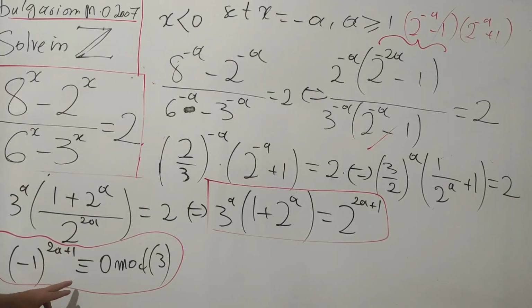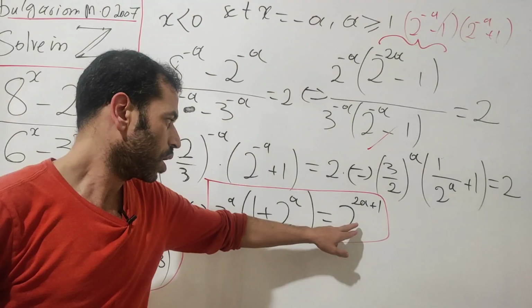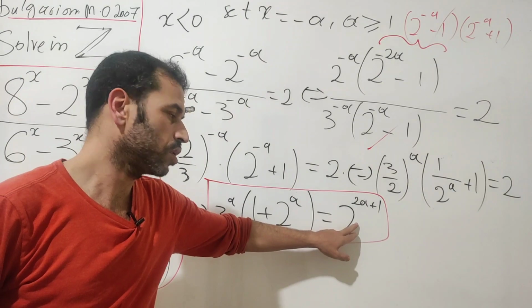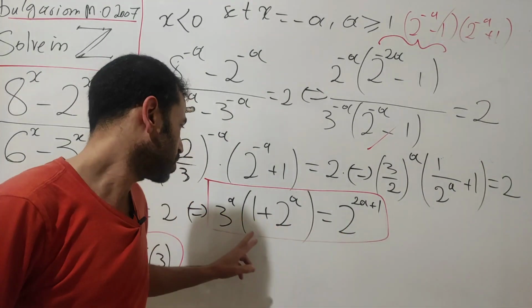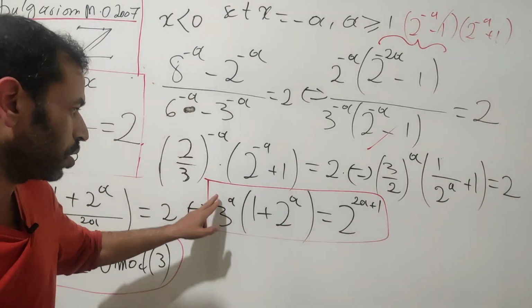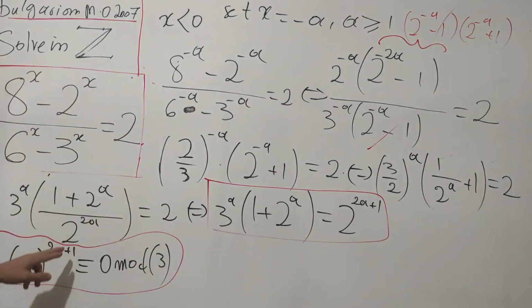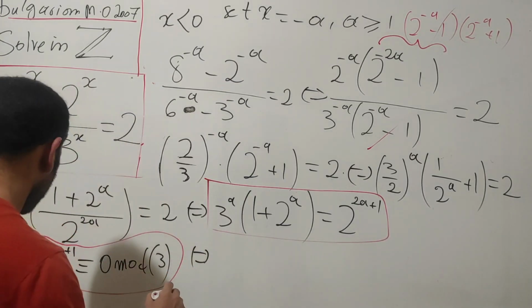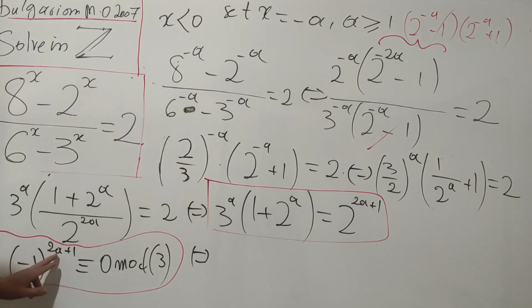Okay, you might say how I get to this one here. I simply replaced 2 with 3 minus number 1. 3 will be 0 as you reduce the equation to the mod 3. I will be left with minus 1 all raised to the 2a plus number 1 as an exponent. You know this term is odd. 2a plus number 1 is odd, which means the exponent is odd because it's written in the form of the odd expression 2a plus number 1. So I'm going to take off this exponent.